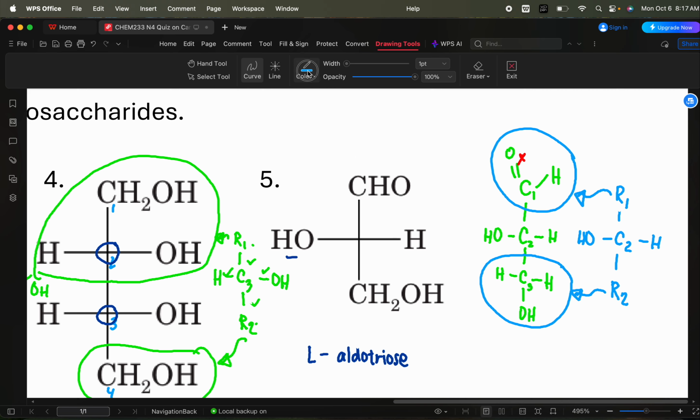Therefore, carbon number 2 is a stereocenter. Carbon number 3, it's obvious you have 2 hydrogens, so it's not a stereocenter. So only carbon number 2 is a stereocenter.